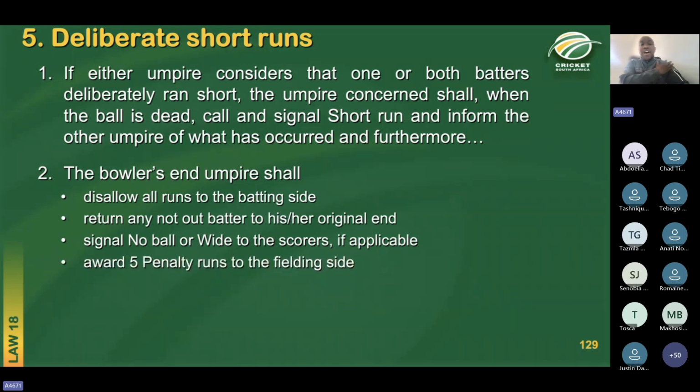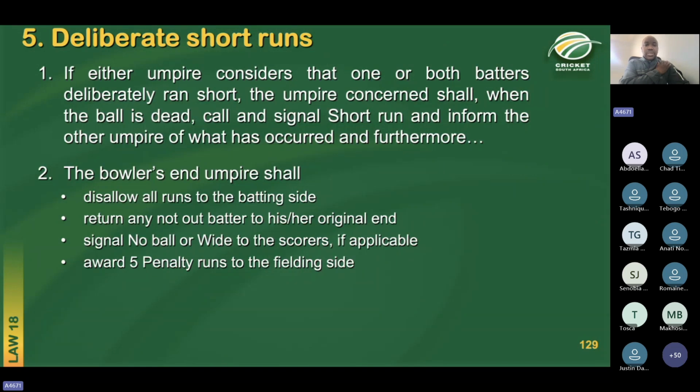We need to award 5 penalty runs to the fielding side. Remember our signal for 5 penalty runs to the fielding side? We put one hand on the opposite shoulder and we leave it there. Murray Rasmus was rubbing that shoulder just to indicate to the scorers that the hand is on the shoulder, it's not tapping the shoulder.